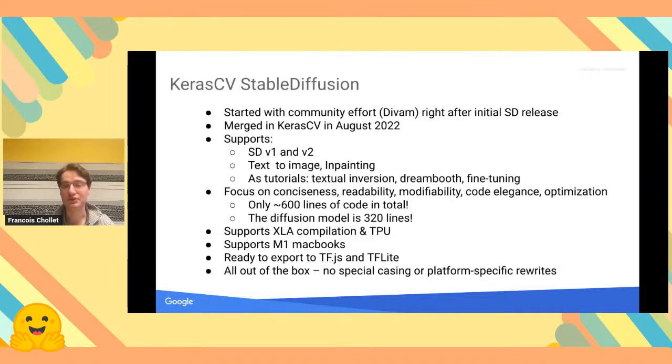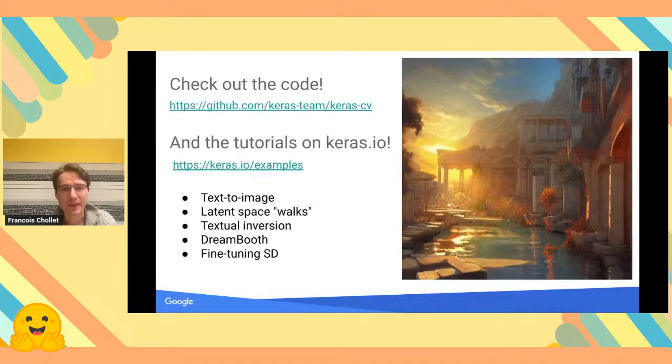And then you can actually just move it to mobile. It's not going to be fast, it's not going to be optimized, but it's enough to prototype. And if you like what you see, then you can actually do the rewrite. So all of these features, TFJS, TF-Lite, ARM support, XLA support, it's all out of the box. There was no special casing needed.